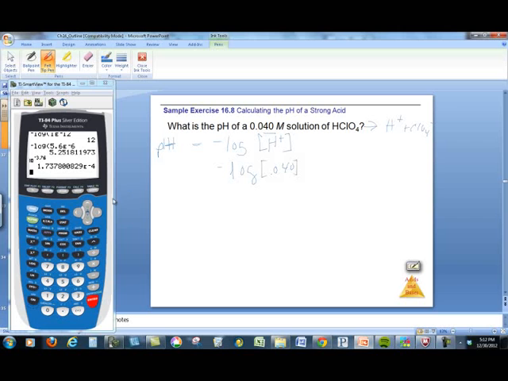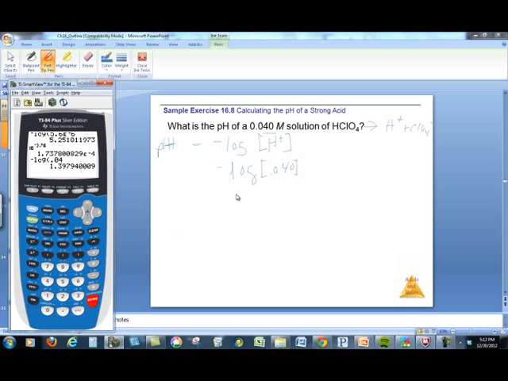So I want 2 sig figs in my pH, so I'm going to take my negative log of 0.04, and that will give me 1.3979. If I want 2 sig figs, I have to round it to 2, and remember it's just after the decimal place, so I want 2 places, so it's going to round to 1.40 pH. Okay.